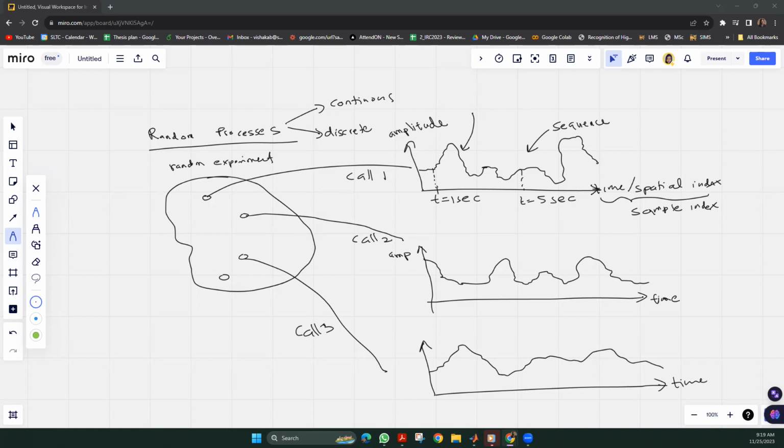There are no discrete time instances that we can consider for this case, because we will be receiving a certain signal strength for each time instance between the time range that we are considering, right? I think it's clear, right?